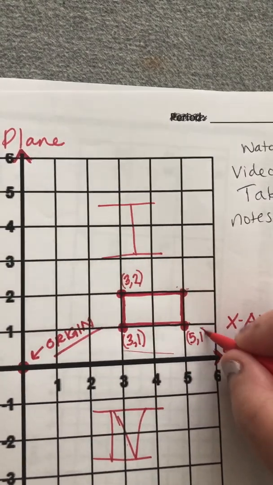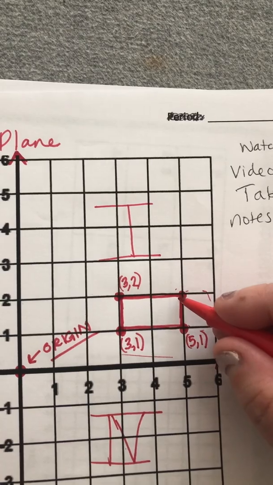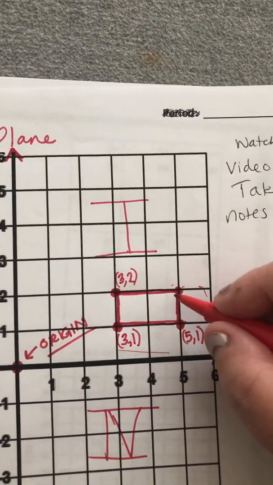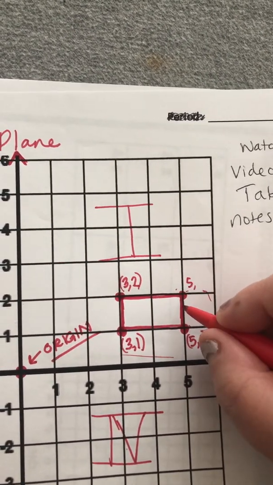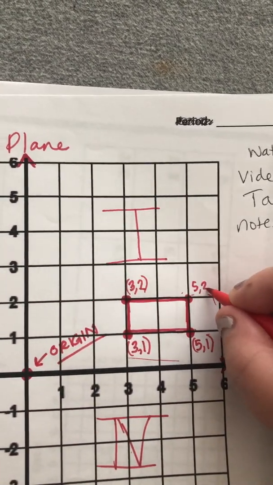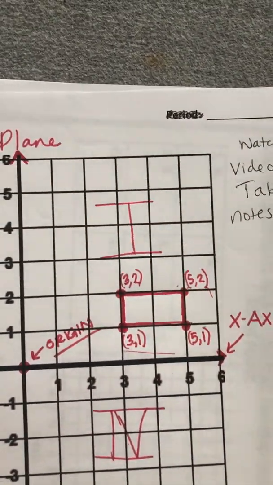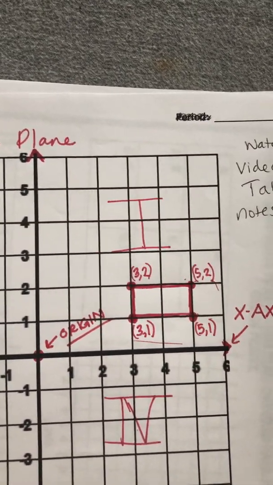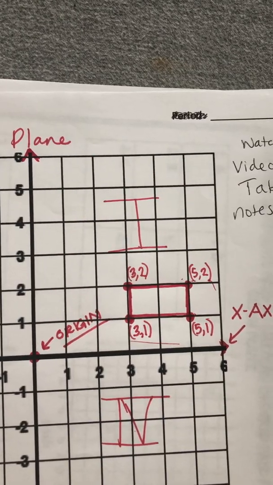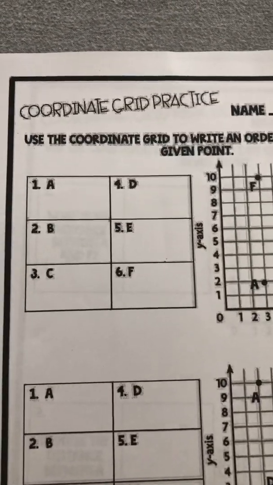You have to always remember x goes first. And for this one, the x goes to the 5 and the y goes to the 2. So x first, y second. That's the location of all the points of that rectangle. Isn't that cool? We're going to practice this a bunch, and you're actually going to be using this tomorrow as well.